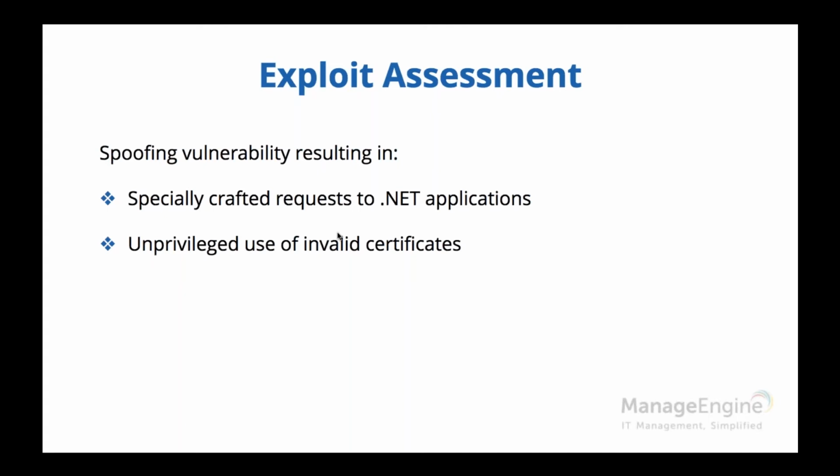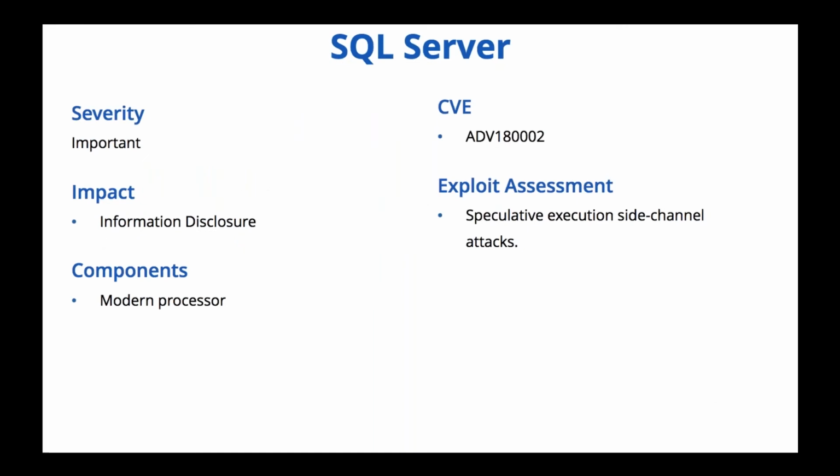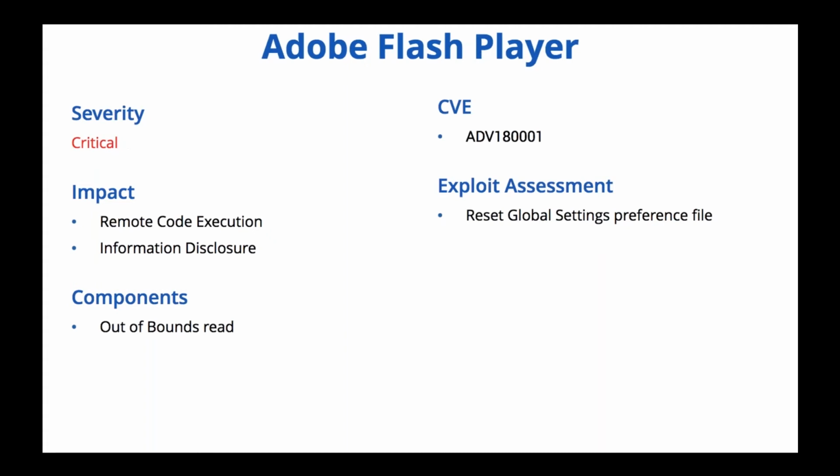So what are the exploitations that are possible? There is a spoofing vulnerability that results from specially crafted requests to .NET applications and unprivileged use of invalid certificates. So the first thing, an attacker who successfully exploits this particular vulnerability could cause a denial of service against a .NET application. And with respect to the unprivileged use of invalid certificates, it's a security feature bypass vulnerability.